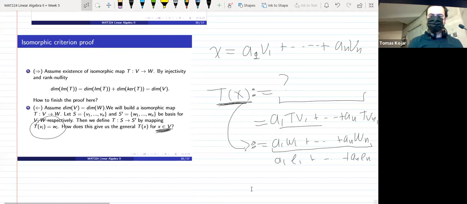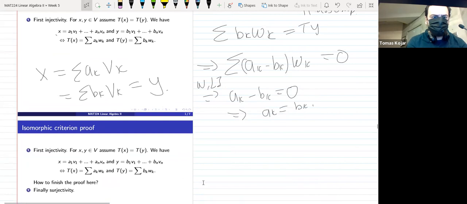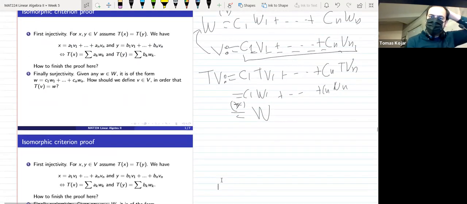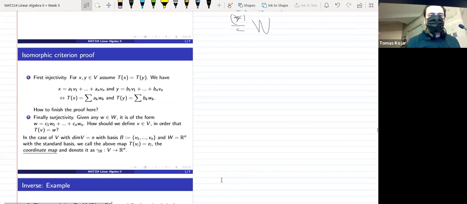Okay, perfect. Is that okay? All right. So that's it. Surjective, and we already proved that bijection means invertible.